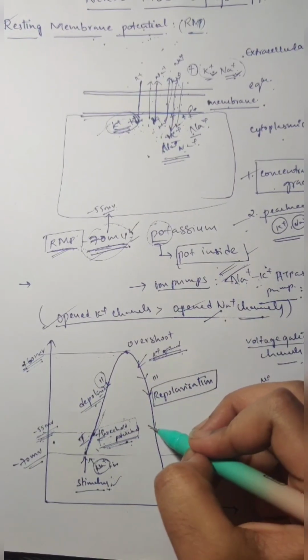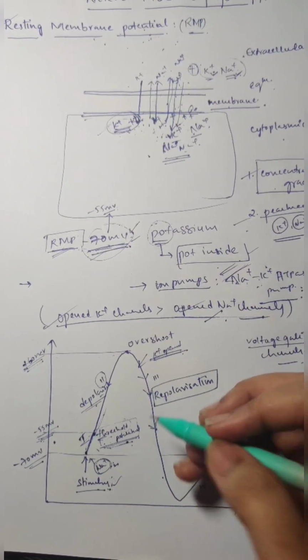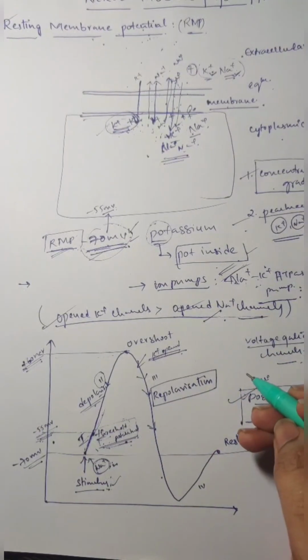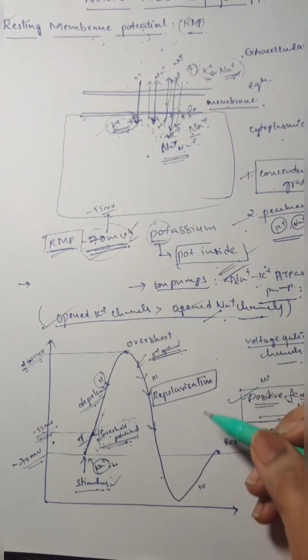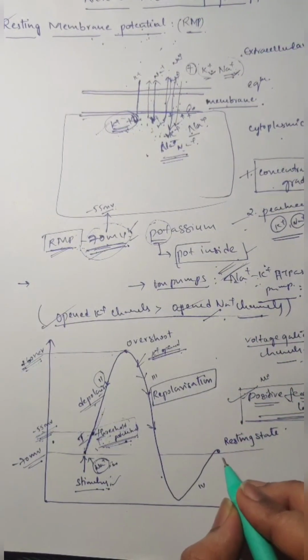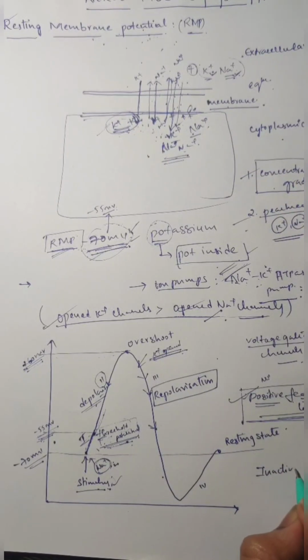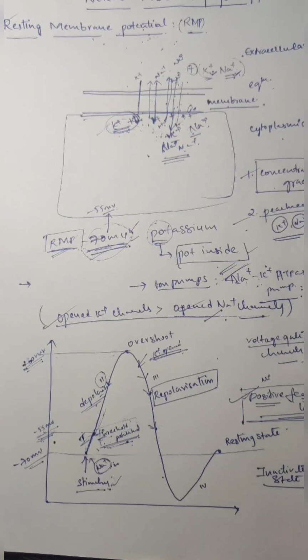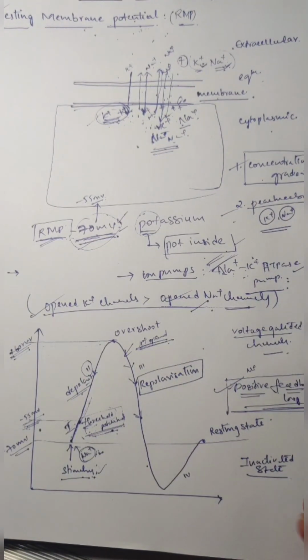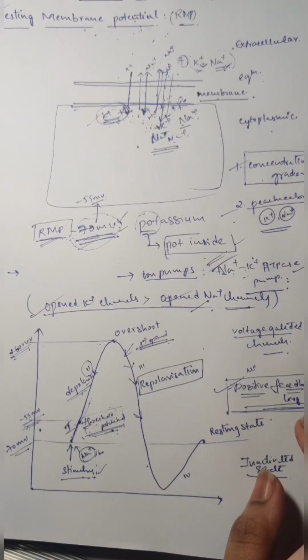What is the difference between the voltage gated potassium channels and sodium channels? The sodium channels have a state called the inactivated state. What is this inactivated state? Whenever sodium channels close, they cannot immediately open up.